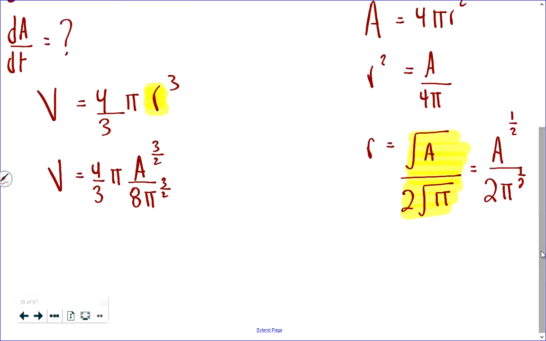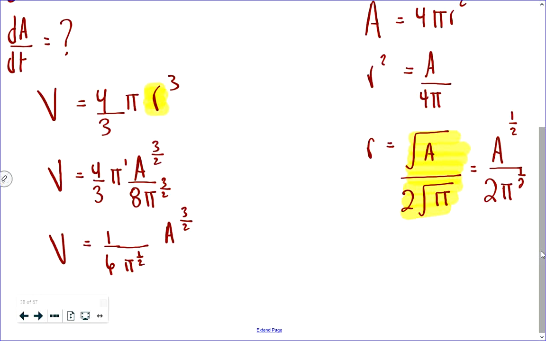So I can clean this up, certainly would want to clean this up. 4 over 3 over 8. 4 over 8 is 1 over 2. 1/2 times 1/3 is 1/6. I have a pi to the 1 over a pi to the 1.5, so a pi to the 1 cancels on the top and the bottom, and that's what I have.